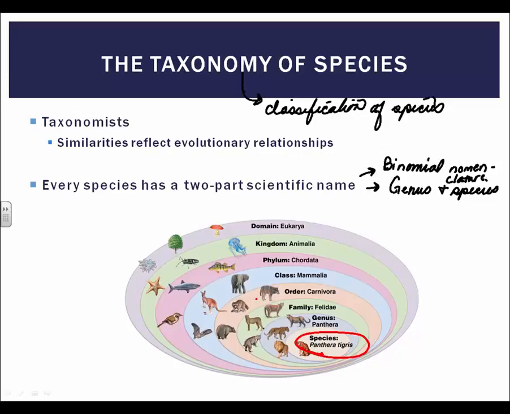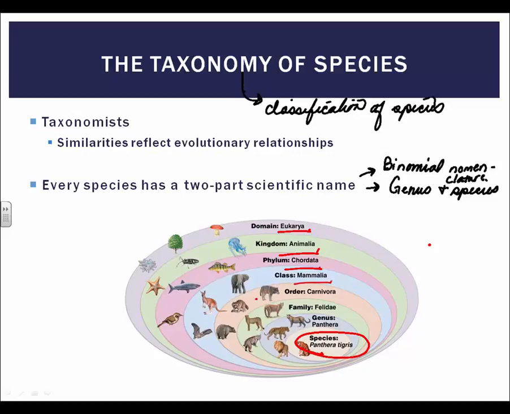So what happens here is if we're trying to classify a tiger, we look at something really broad. We say, okay, they're a eukaryote because their cell has a nucleus and membrane-bound organelles. They're in the animal kingdom. They're not plants. They're not going to be a fungus or a protist. The next thing is they're chordata. They basically have a backbone.